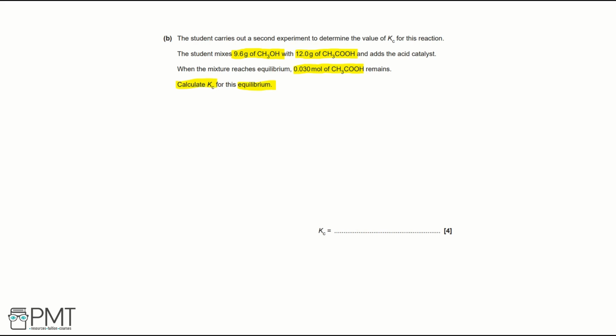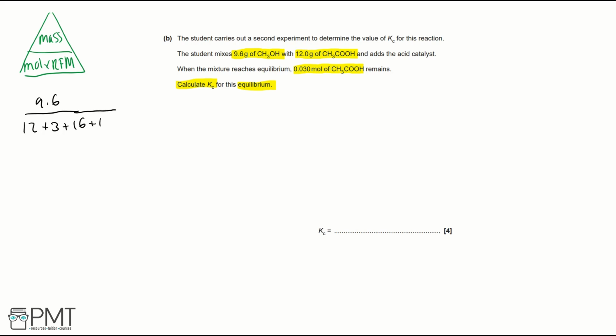So the first equation triangle we're going to use is one where we've got mass at the top, and mass is equal to moles times the relative formula mass. So we're going to calculate the moles here, where we've got 9.6, we're going to divide by 12 plus 3 plus 16 plus 1, which is the relative formula mass of methanol.